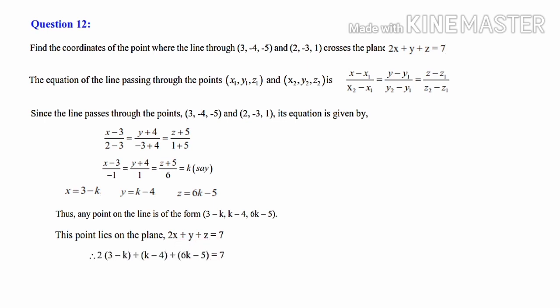That is 2 into the x value, 3 minus k, plus the y value, k minus 4, plus the z value, 6k minus 5, equal to 7. Let's go for the calculation here. So here 3 into 2 is 6 and here it is minus 4. 6 minus 4 is 2 and here it is minus 5. 2 minus 5 is minus 3.